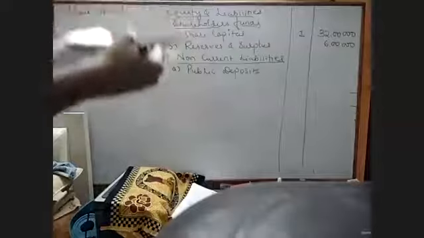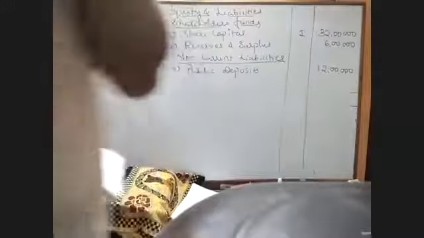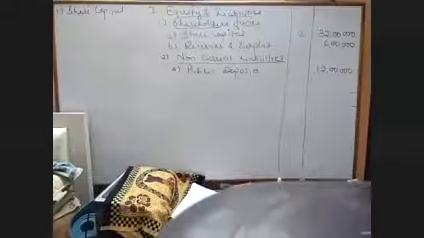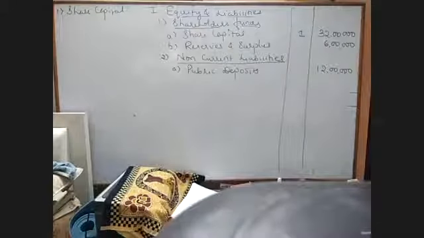Whether the problem has public deposits? Yes, sir. What is the amount? 12 lakh. Very good. The amount is 12 lakhs. And I think apart from this, there is no other non-current liability. It has no debenture.